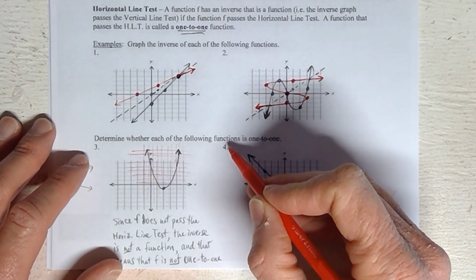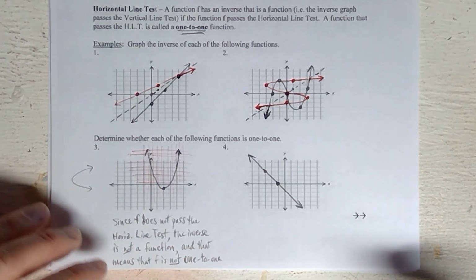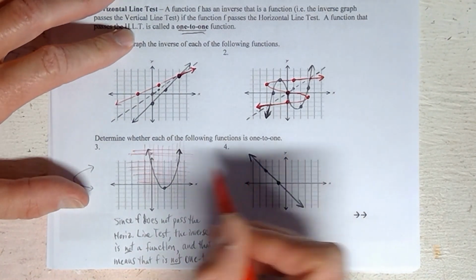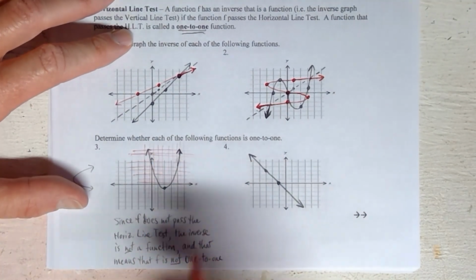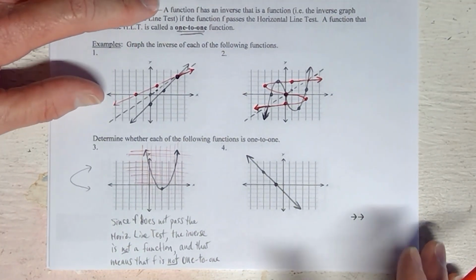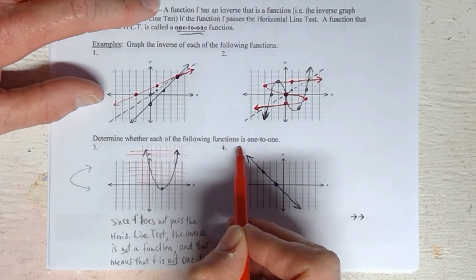It already says that it's a function, so you know already that it passes the vertical line test. They wouldn't call it a function if it didn't. So you just theoretically really need to figure out if it passes the horizontal line test. I mentioned the vertical line test over here just to remind you again that all functions do pass that vertical line test. But you don't need to test that out because they're already telling you that it's a function.